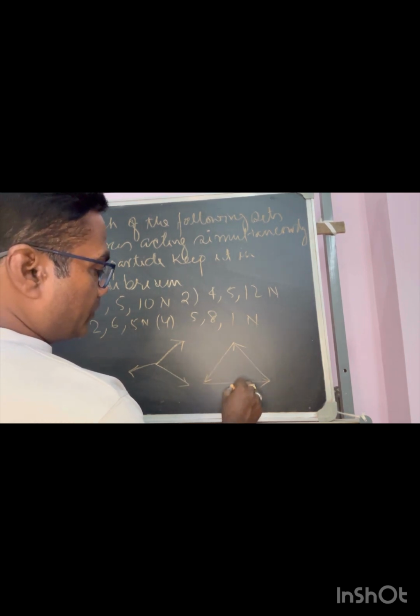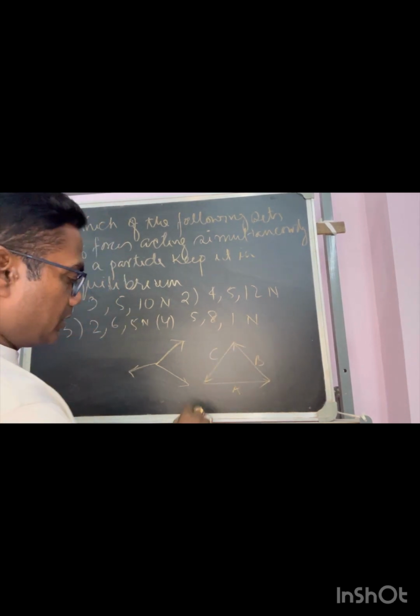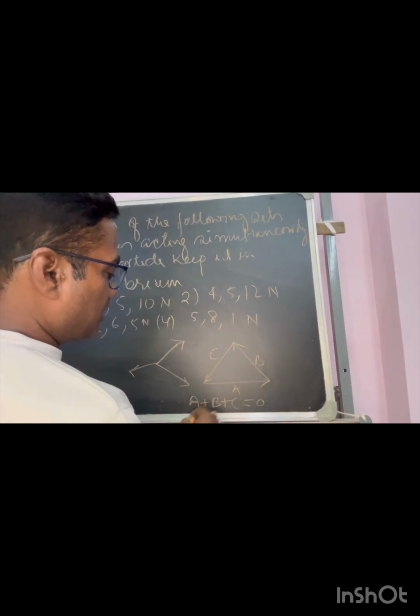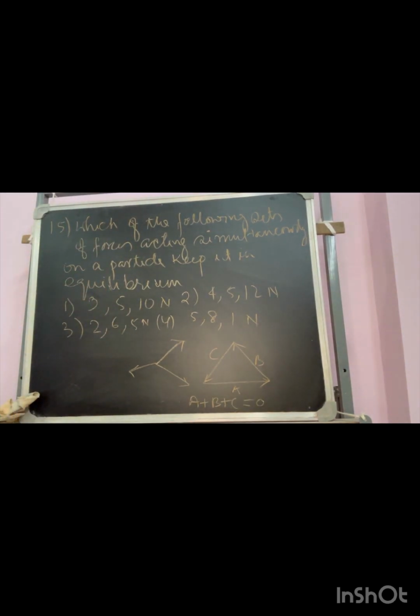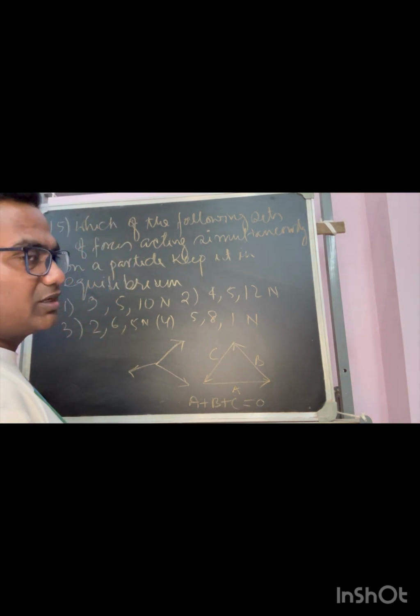Then the forces are said to be in equilibrium and A plus B plus C will be 0. That means the resultant will be 0, so there is no residual force acting on that.